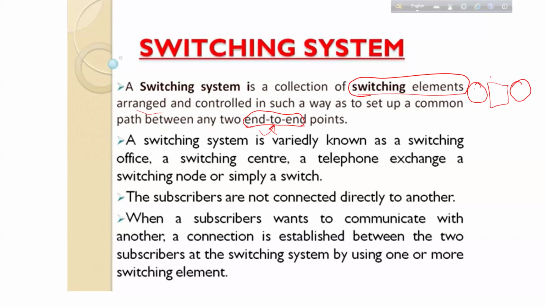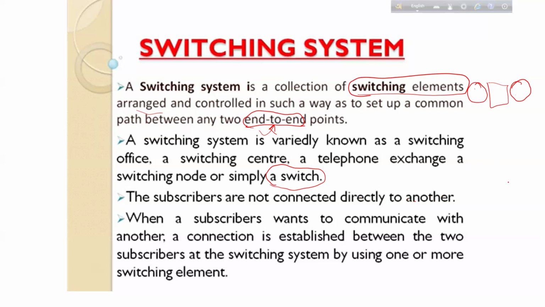Now a switching system is variedly known as a switching office, switching center, telephone exchange, a switching node, or simply a switch. Now the subscribers are not always directly connected to another subscriber.